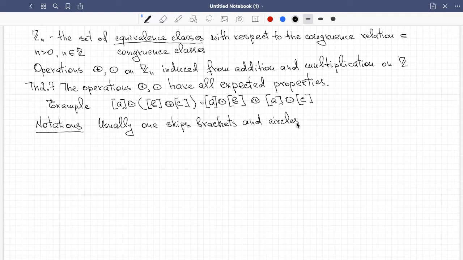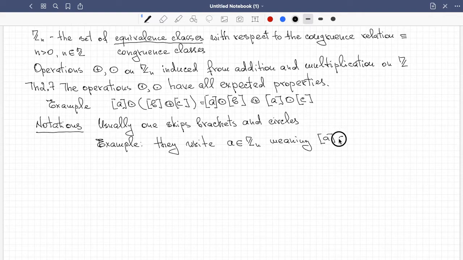Now, that means that instead of writing, say, they write, for example, A as an element of Zn, meaning a class whose representative is A as an element of Zn.